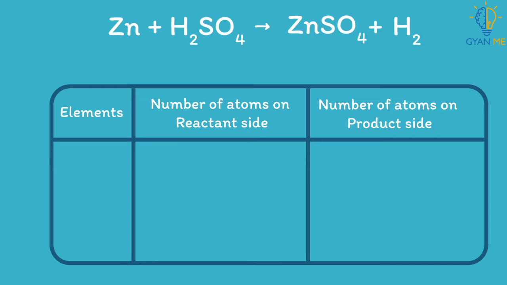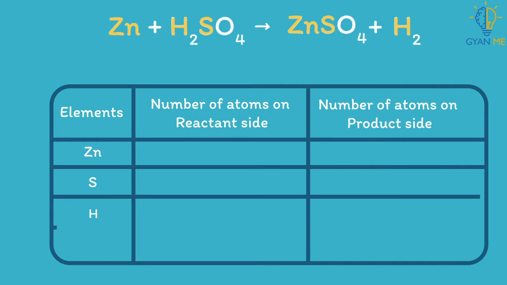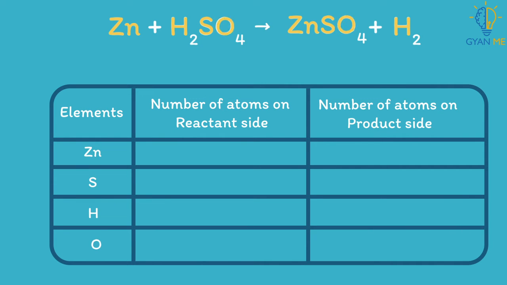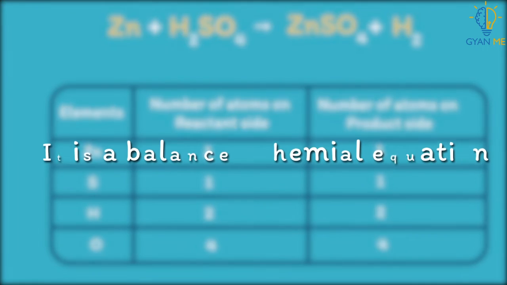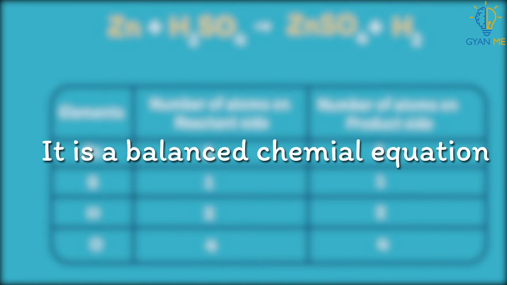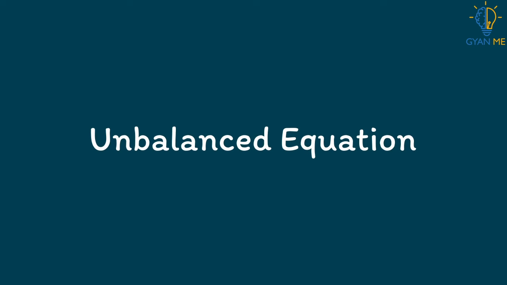In the element column, we write the elements: zinc, sulfur, hydrogen and oxygen. And in the rest of the 2 columns, we write the number of atoms respectively. As the number of atoms of each element is the same on both sides of the equation, it is a balanced chemical equation. Let us take a case of an unbalanced equation and try to balance it.